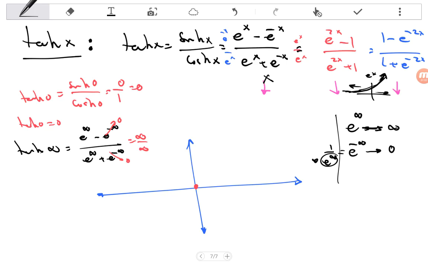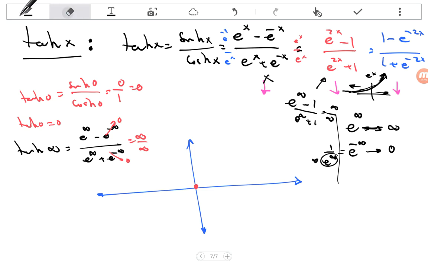Which of these three expressions would you expect to be more suitable to substitute with infinity? If you substitute with infinity in the second expression, I will get e power infinity minus 1 over e power infinity plus 1, again infinity over infinity.